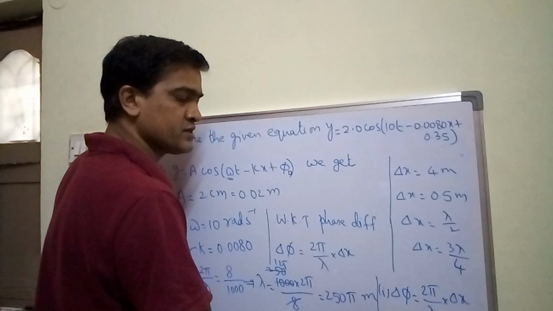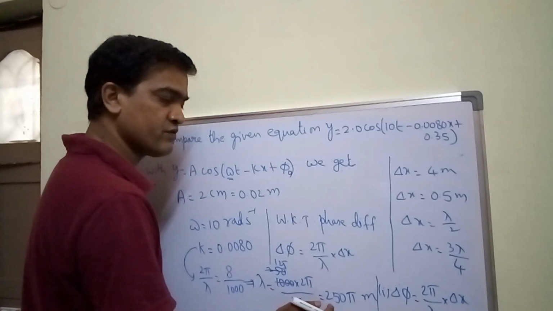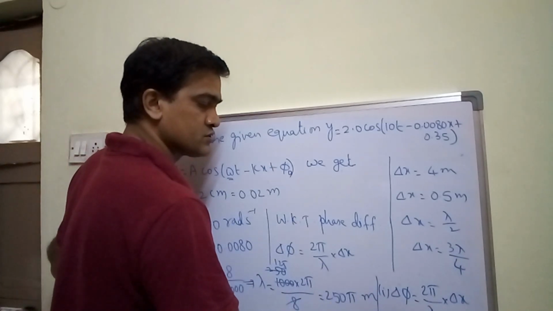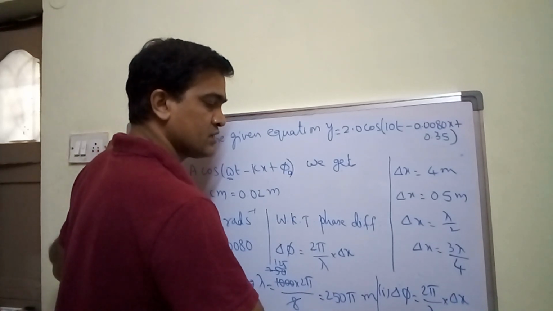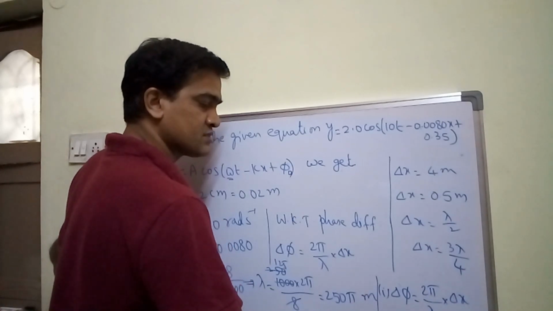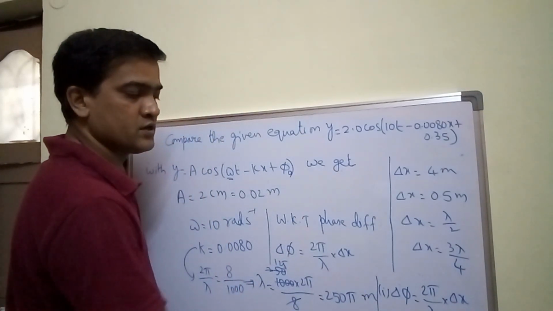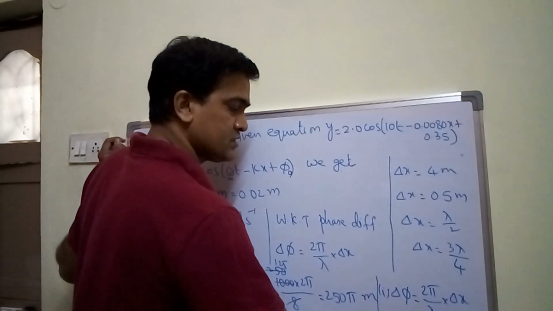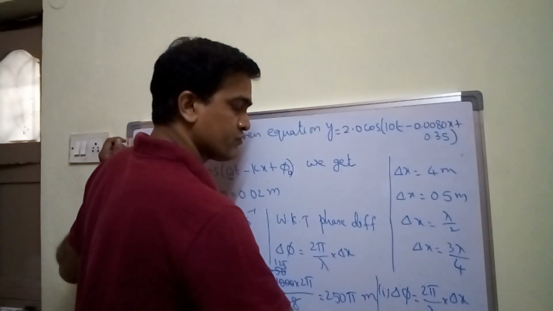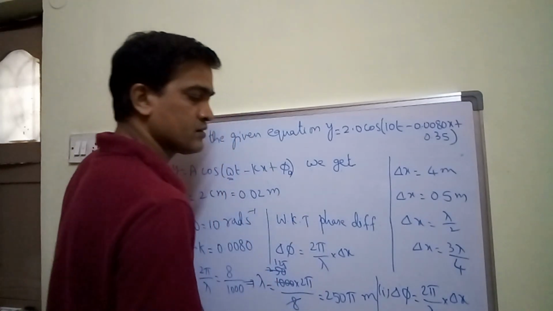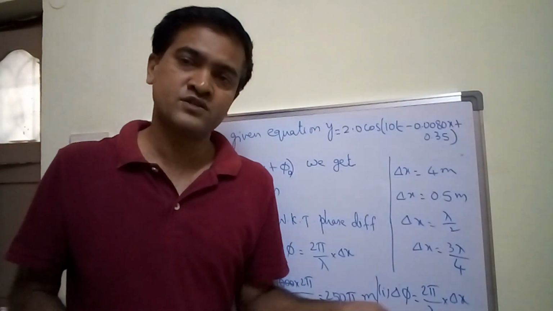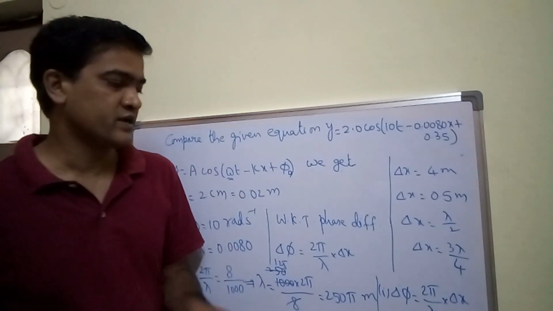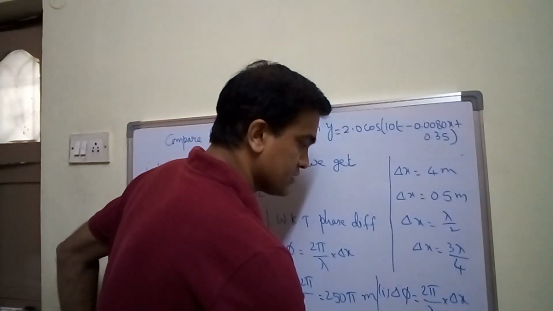In case of first bit, lambda we got as 250 pi, so I'll substitute 2 pi upon 250 pi into delta x is 4, cancel pi, and you will get 2 into 4 8, 8 upon 250 is the answer, or radian. You can say it is nothing but radian, 8 upon 250 radian.